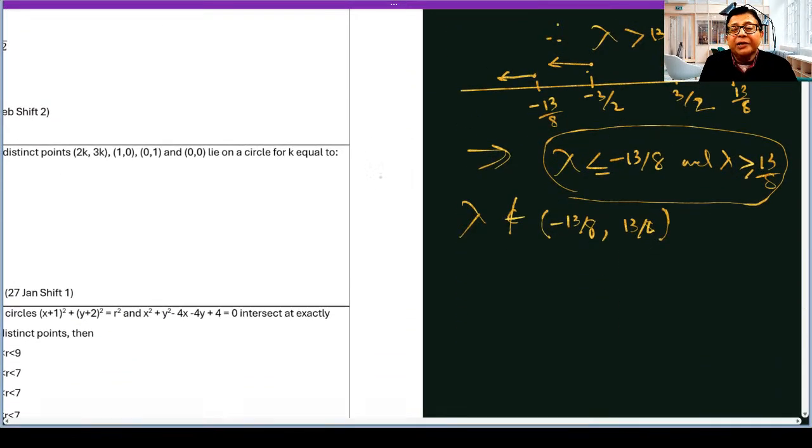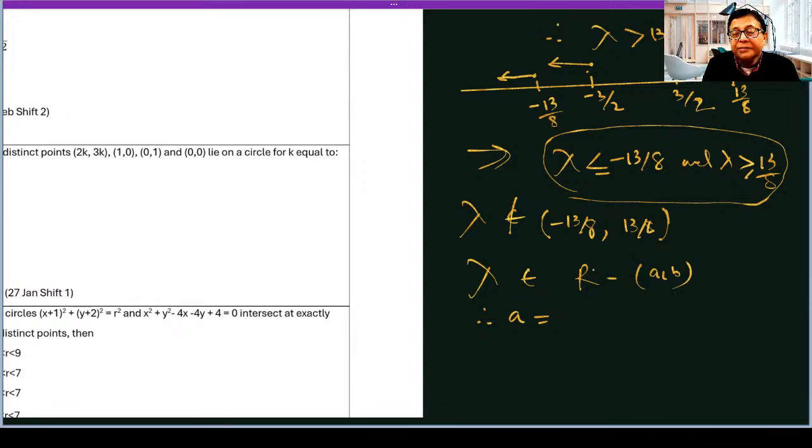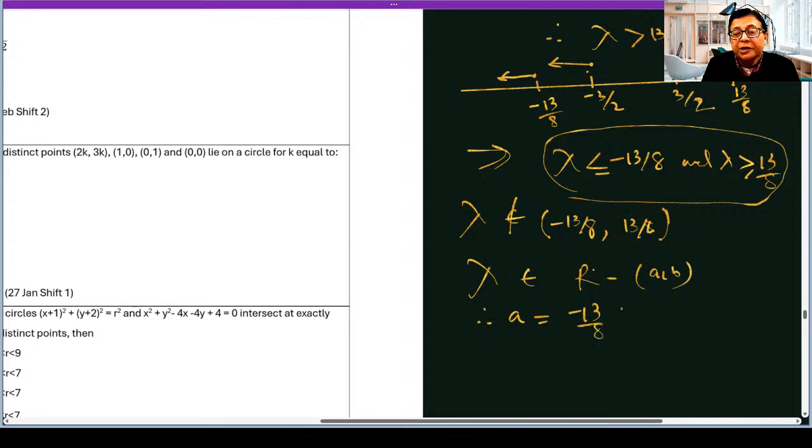They said that lambda will belong to R minus AB, isn't it? So A is going to be what? Minus 13 by 8. And B going to be what? 13 by 8.